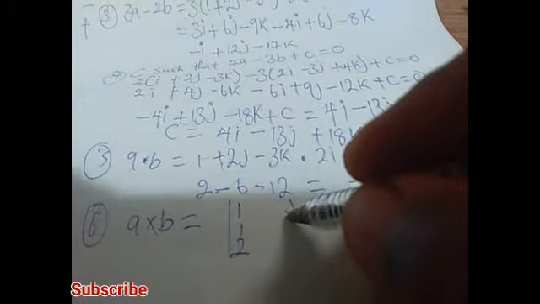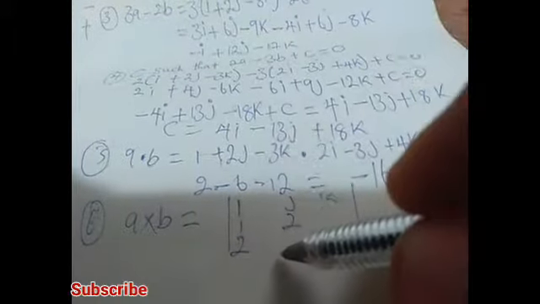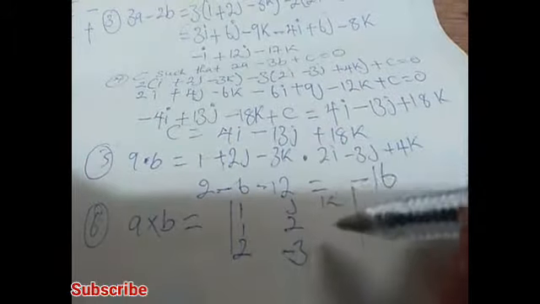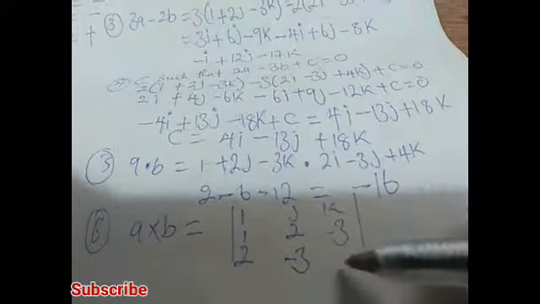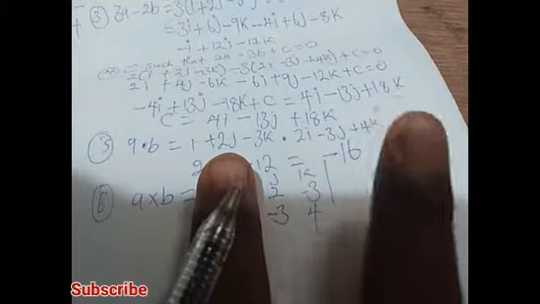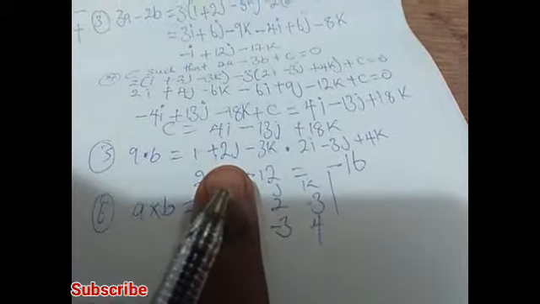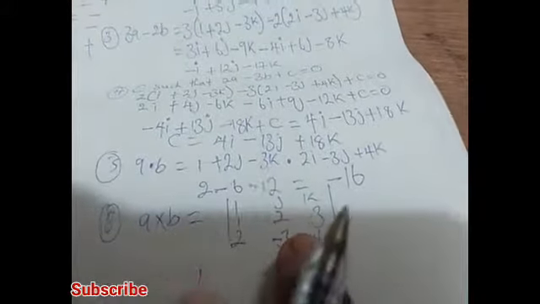On i we have 1 for a and 2 for b. On j we have 2 for a and minus 3 for b. On k we have minus 3 for a and 4 for b. Now to get the i component, you cover the i column. The rest you see is 2, minus 3, minus 3 and 4, and you cross multiply, like 2 times 4.